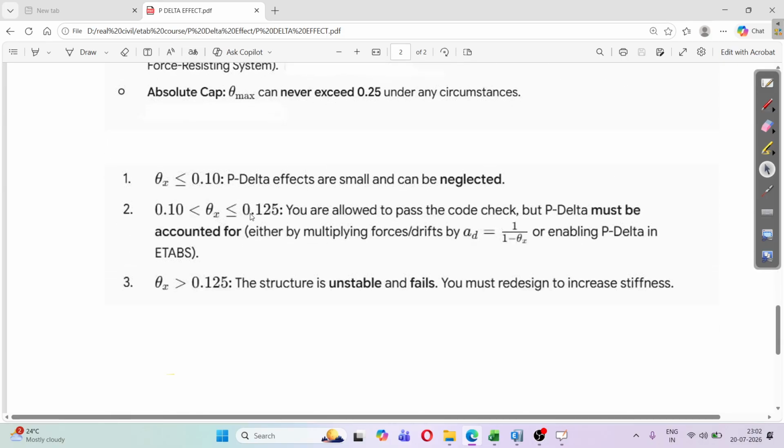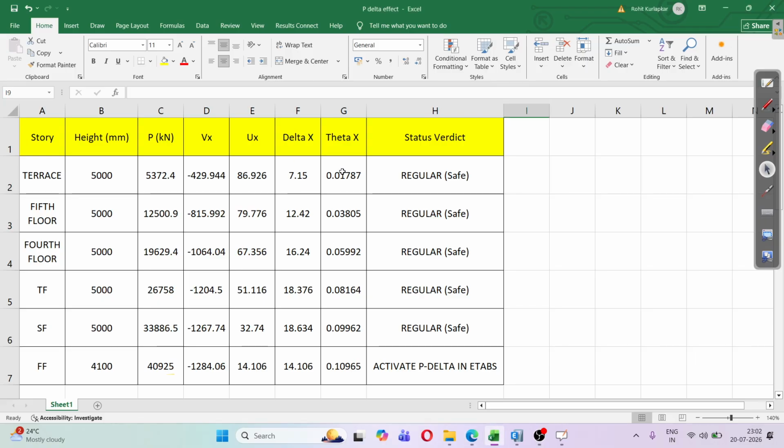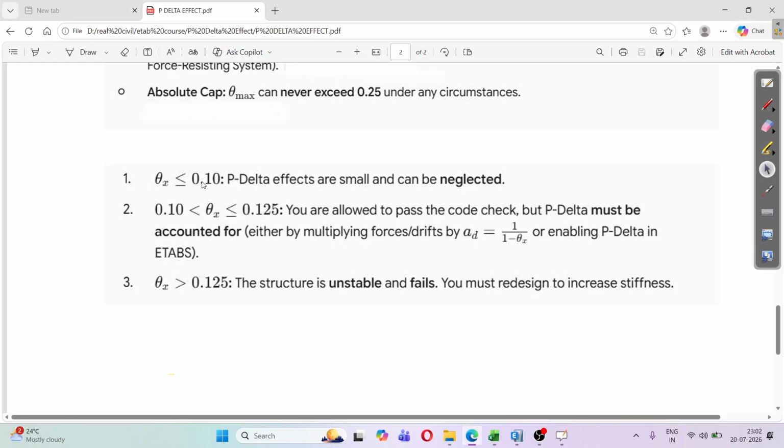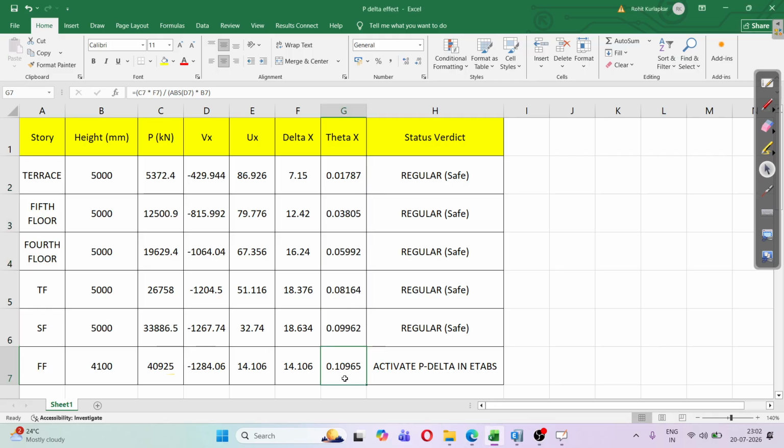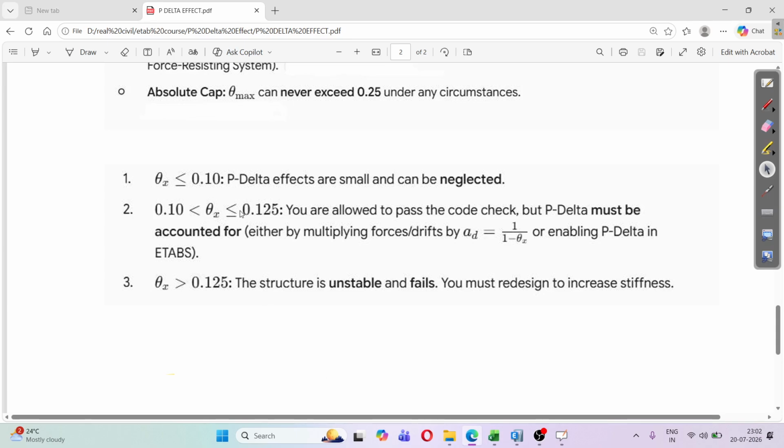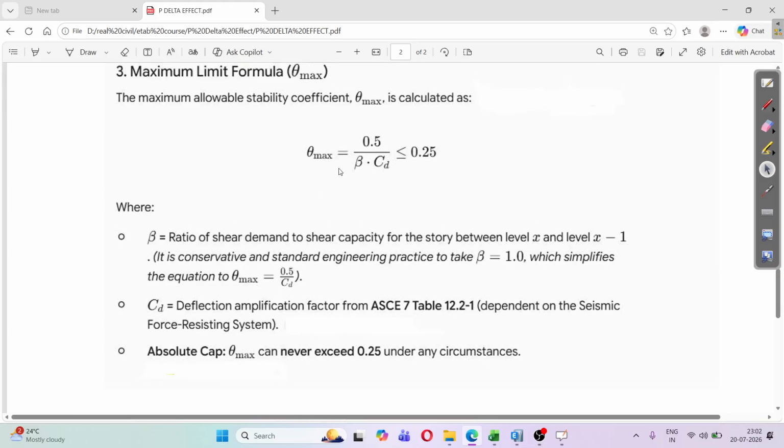In our case, theta max comes out to be 0.125. If you see the Excel sheet, all these values are less than 0.1, but in the last case the value is just crossing 0.10, but it is below 0.125. That means this is my maximum theta max.